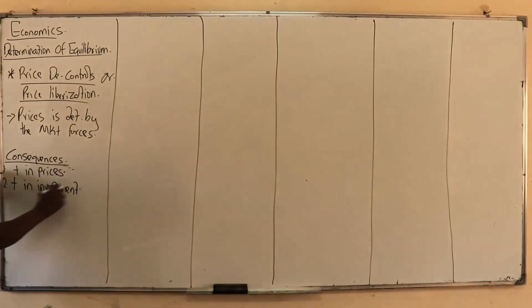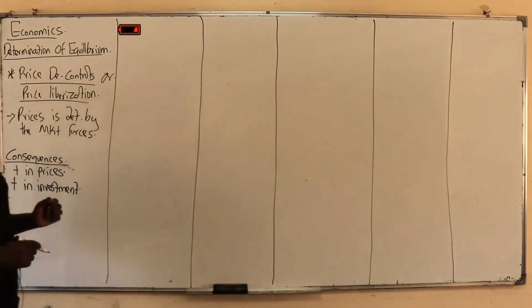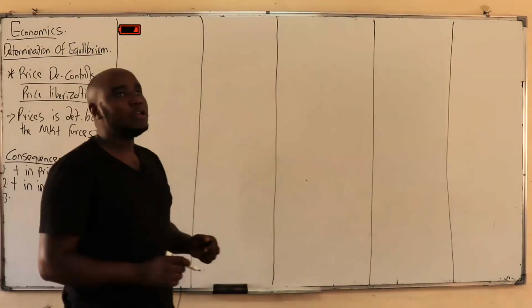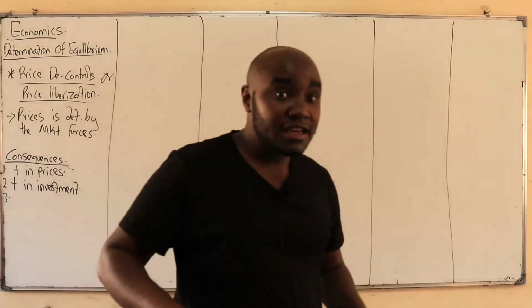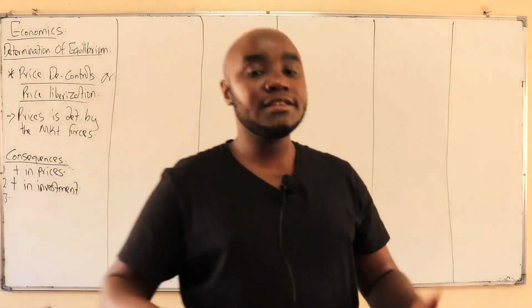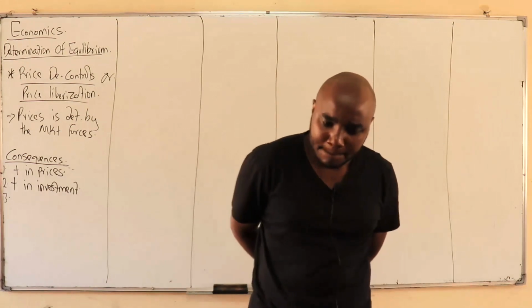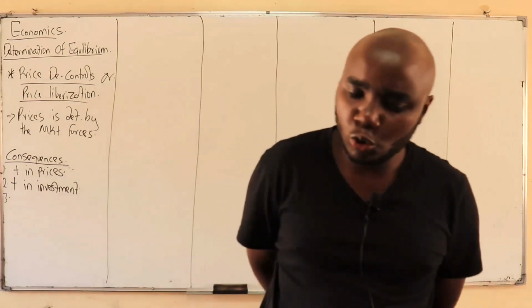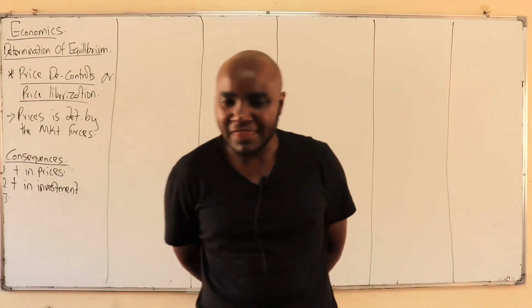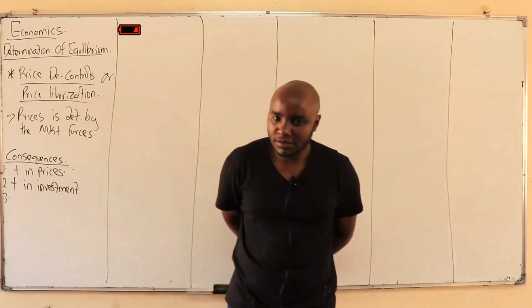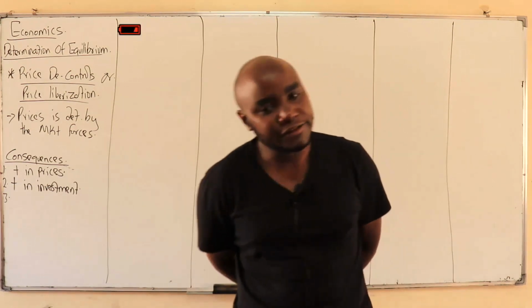Of course, me as an investor, I will tend to invest into a situation whereby I'm gaining something. Is it? I'm gaining something. But when there is a situation whereby now I'm not gaining due to the controls by the government, you see, then I will not invest.